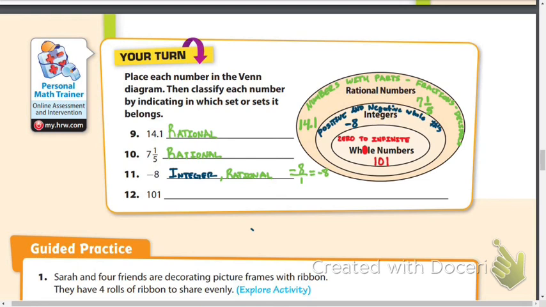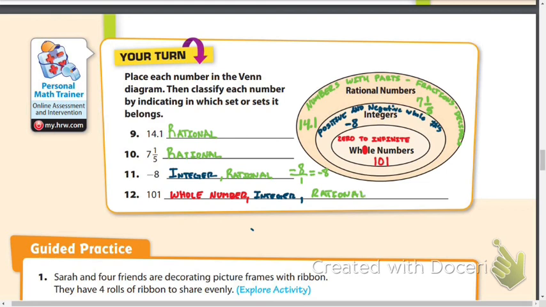Number 12, what kind of number do we have there? A whole number. And if it's a whole number, where else does it fit? Integers and rationals. Very good. If it's a whole number, it fits in integers as well, and rational as well.